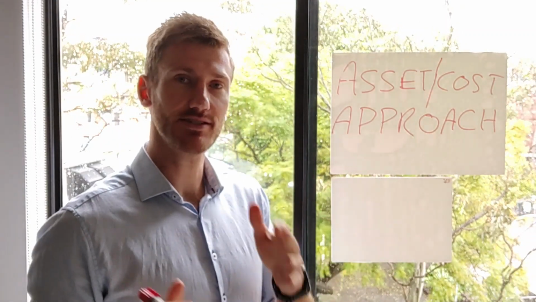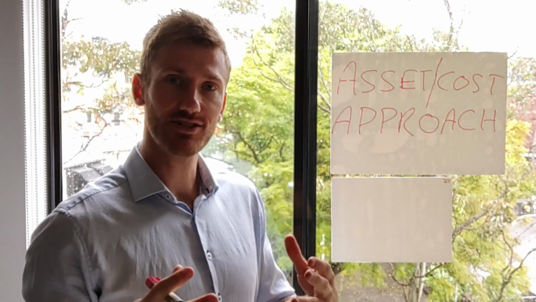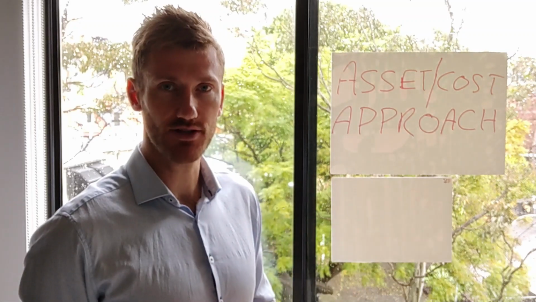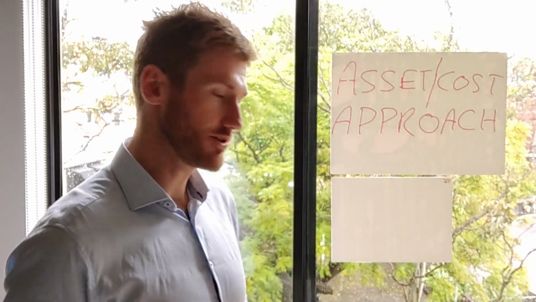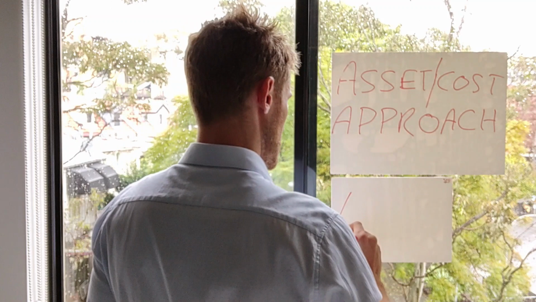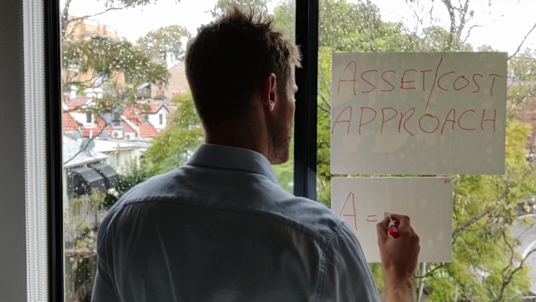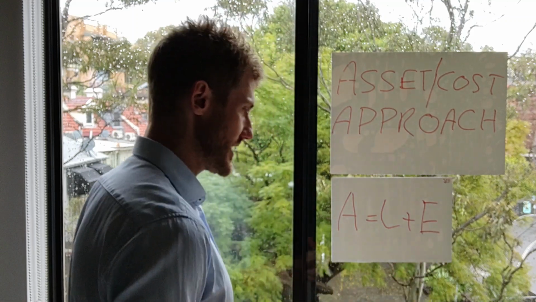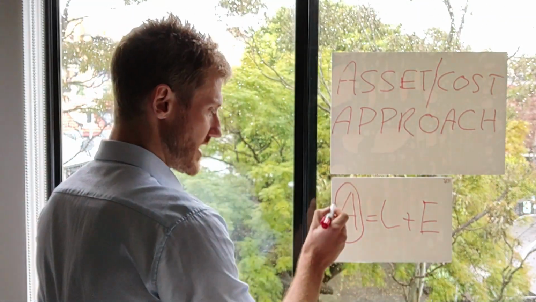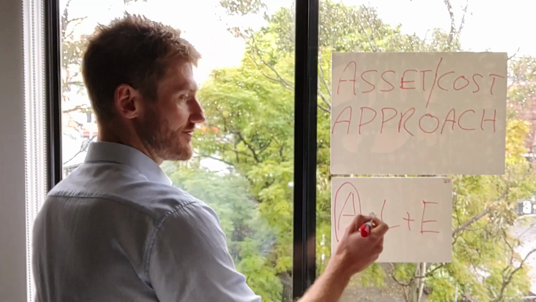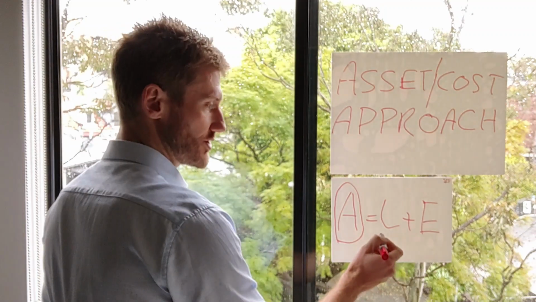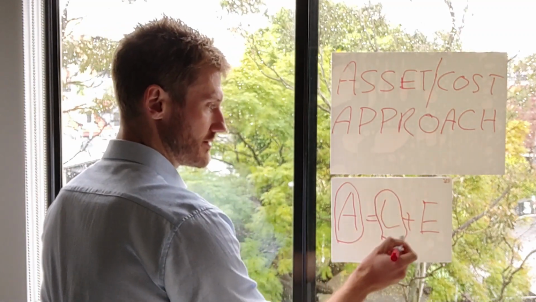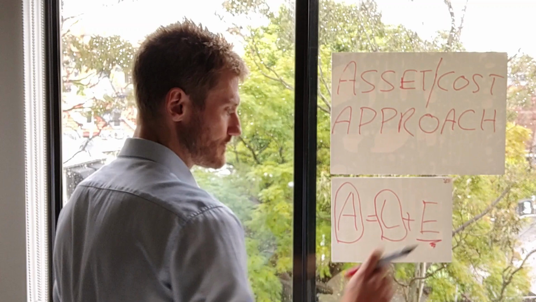So that's effectively the premise under the asset or cost approach. Once we have the value of each of the individual assets and liabilities, we then need to perform an accounting equation to identify the value of the business. So we go back to a very basic accounting equation, which says that the value of all the assets in a business is funded by, or equal to, liabilities plus equity.